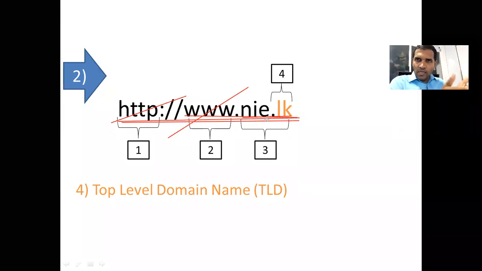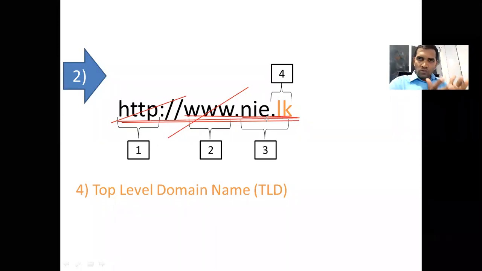So I assume that 90.95.10.10 is the IP address. But for us, it seems to be nie.lk. So what happens when we type this nie.lk? It will be converted into an IP address. I will explain how that domain name is converted into an IP address maybe later in this unit.